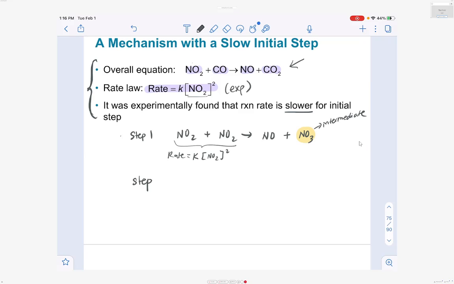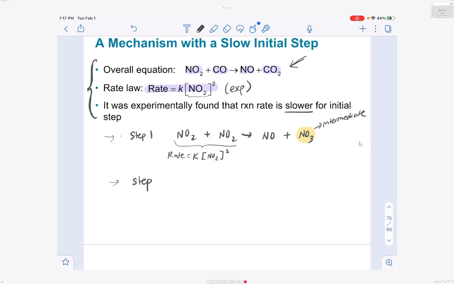Yeah, these three are provided information, and you want to find the multi-step reaction mechanism. The reaction mechanism is what's going to tell us the slow initial step, right? No, the slow initial step is already experimentally found. That information is already provided. So these three are the provided information.